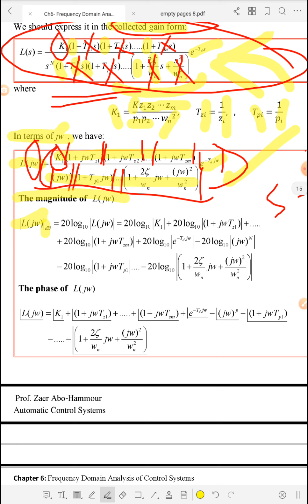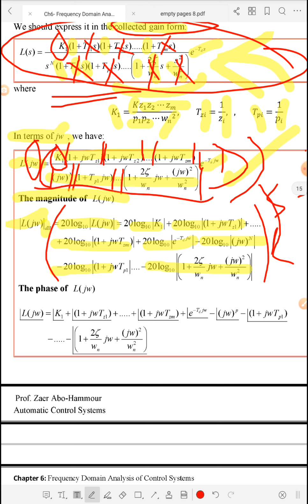So it will be 20 log the first term plus 20 log the second, till we finish the last term of the numerator, the delay. Then we go down to the denominator, where it will be minus term, minus term, till we finish. So through this logarithmic scale, we convert the multiplication process to an addition and subtraction process, and this is very helpful in the design process where we add a controller to the plant.